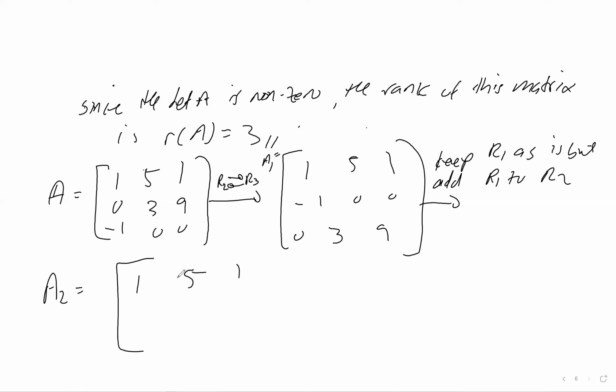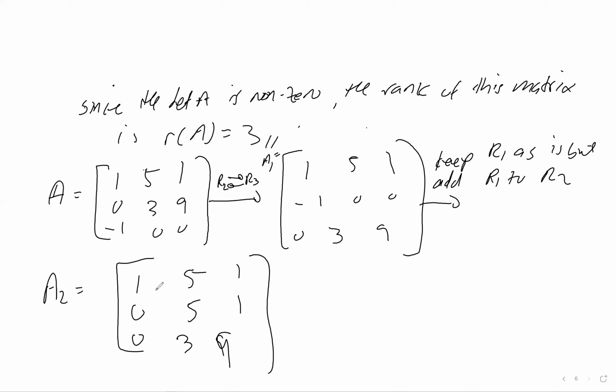Then we add row 1 to row 2. This becomes 0 because 1 plus -1 is 0, and 5 plus 0 is 5, and then 1 plus 0 is 1. And row 3 stays the same, 0, 3 and 9.